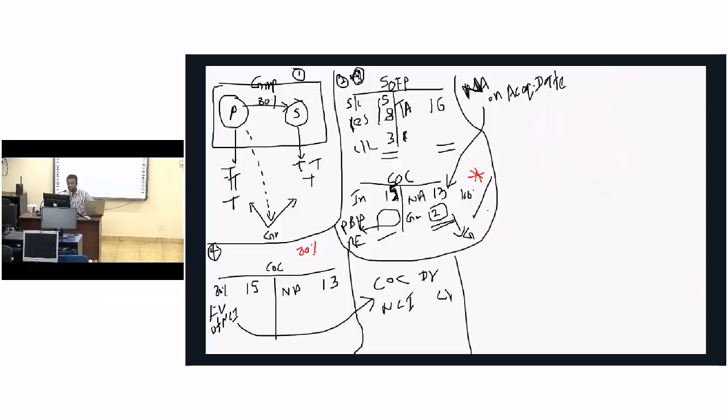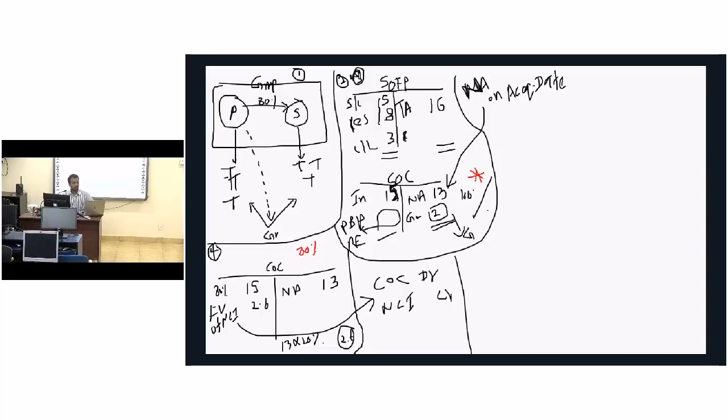Then from that you can take the relevant percentage. Now here it was 13. 13 into 20%, how much is it? 2.6. You can recognize that as the fair value of NCI.